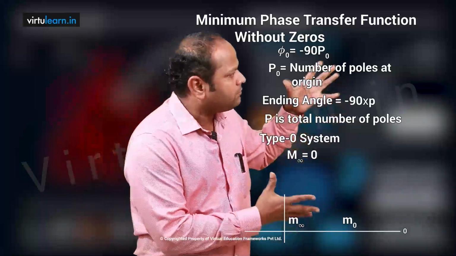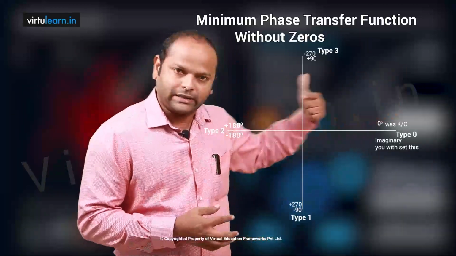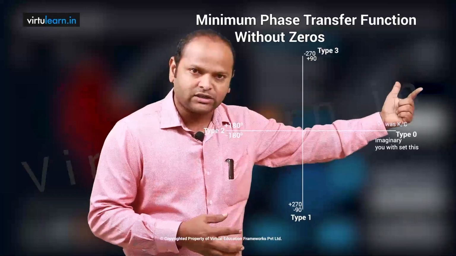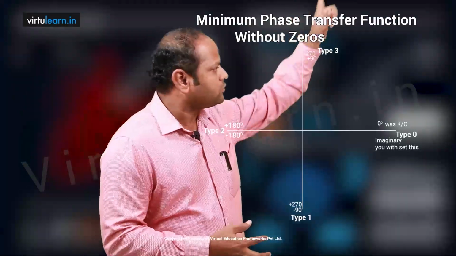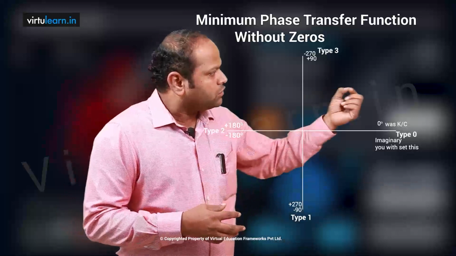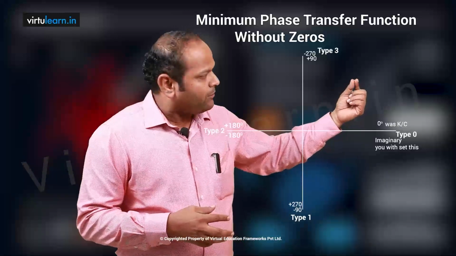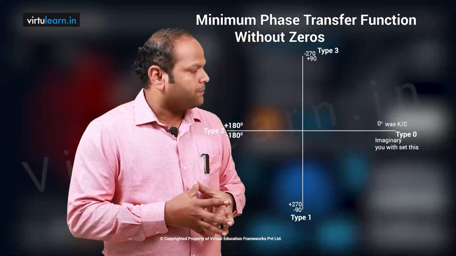Now look at the graph sheet. Without any circles and phase angles, I can take the x-axis where the other side is 0, and this is minus 90, this is minus 180, minus 270 as the y-axis, and this is the origin.